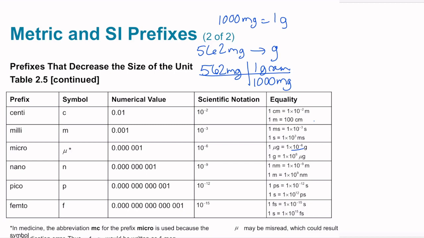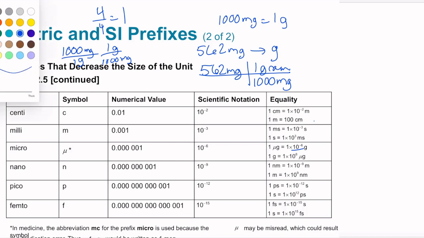Now, notice that this hasn't changed the essence of the number. For example, if we multiplied by 4 over 4, that would be the same as multiplying by 1. If we multiply by 1,000 milligrams divided by 1 gram, or by 1 gram divided by 1,000 milligrams, both of these quantities are equal to each other, and therefore if you divide them by each other, you're essentially multiplying by 1.